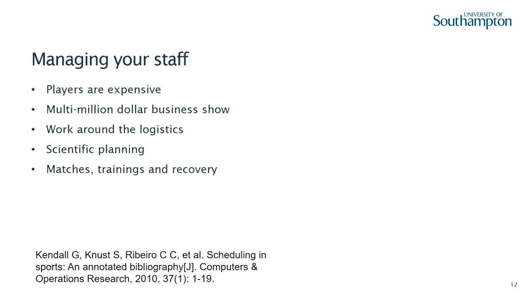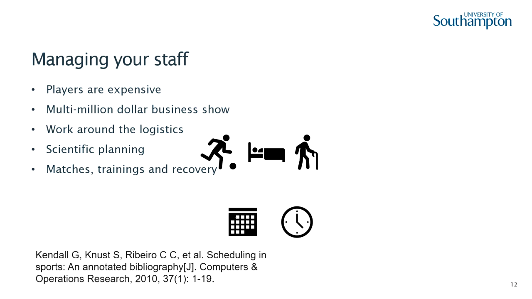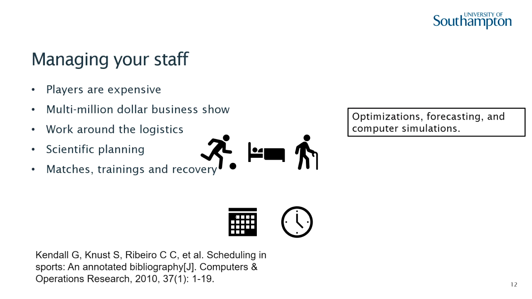And you need to plan this in a rather scientific way, to think about the schedules, the matches, the training, and the recovery of your players if they get injured. We're all human, we're not robots. Even robots need maintenance. We need to think about different approaches to help us make the planning. For example, evidence has shown that in real life, some football clubs or football leagues are already using optimization and linear programming techniques, which allow you to make scientific planning that is fair and economical for all teams.